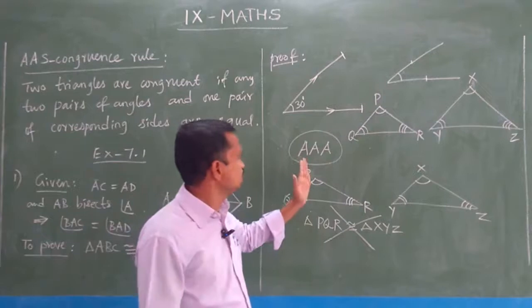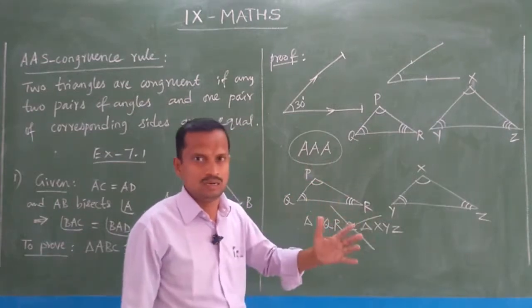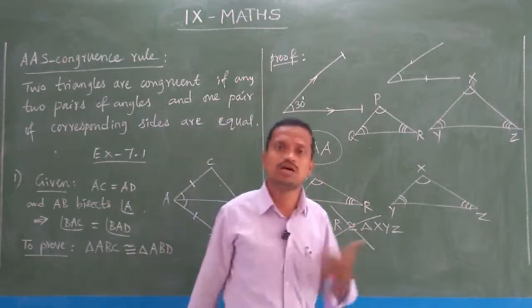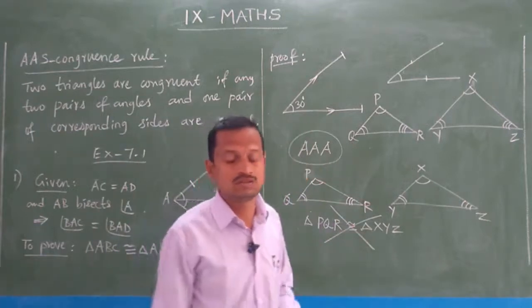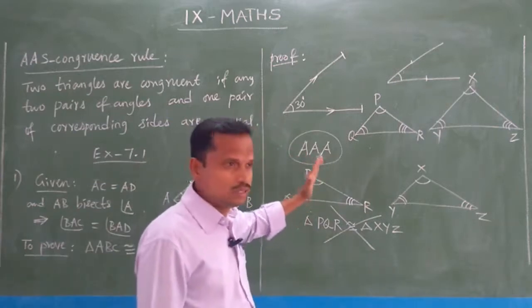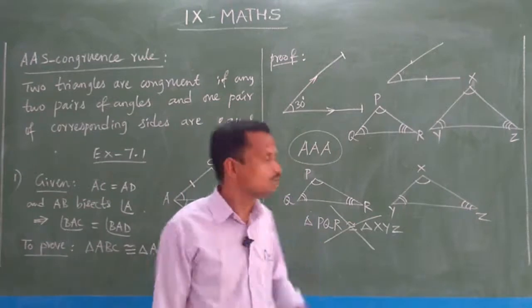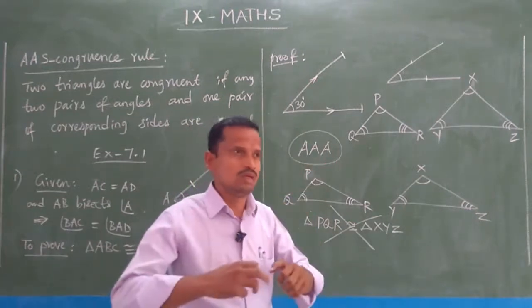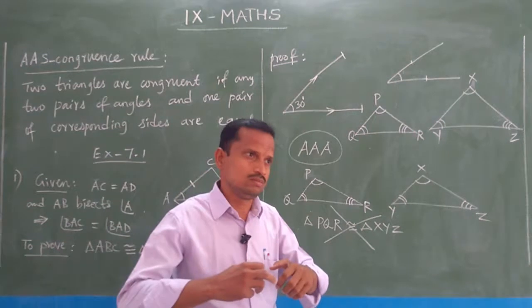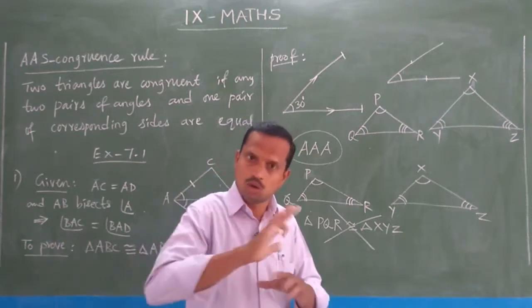So, we cannot say if the corresponding pairs of angles are equal in two triangles, that they are congruent. Is it clear? So, this rule they didn't give in the book. You know why? This is the reason. When you maximize, okay, the angles will not change.